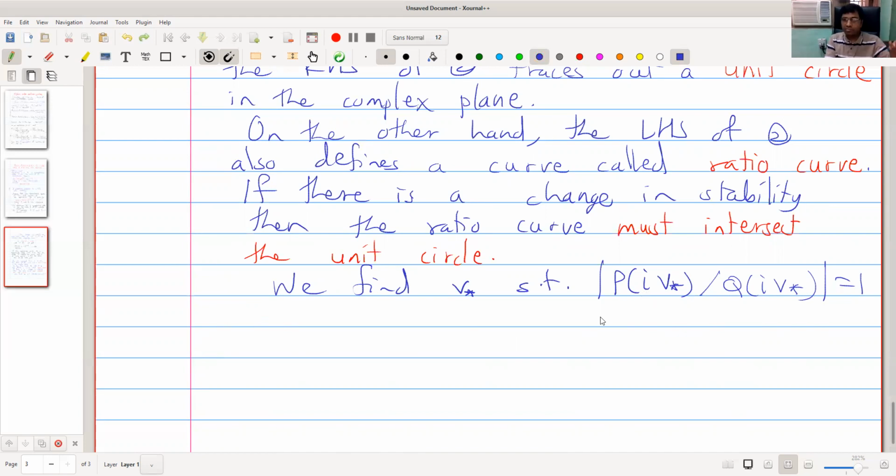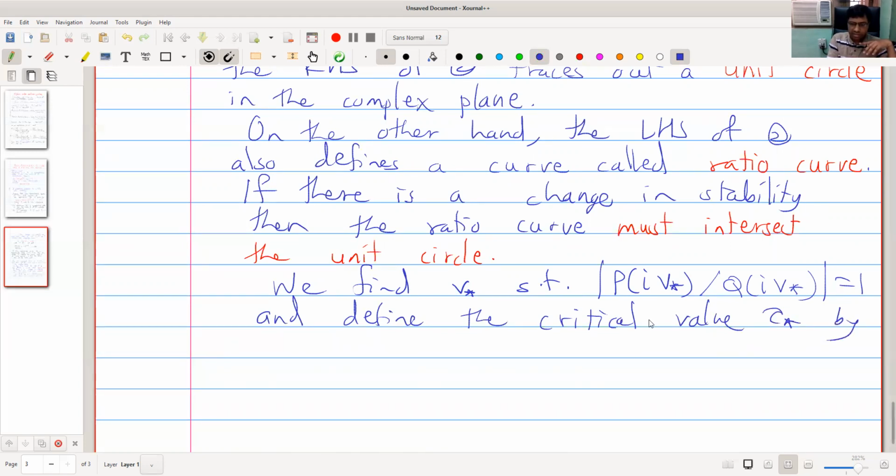How to find the critical value tau star? Then we find v star and define the critical value tau star.